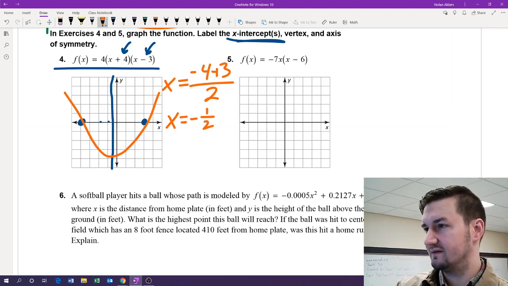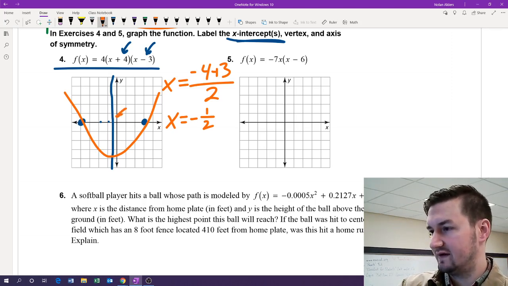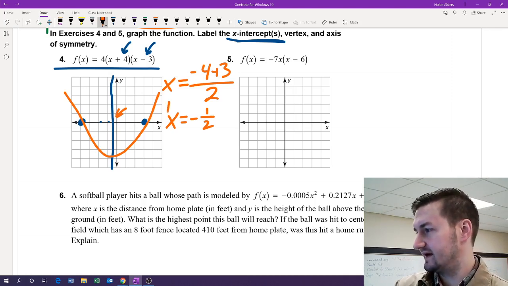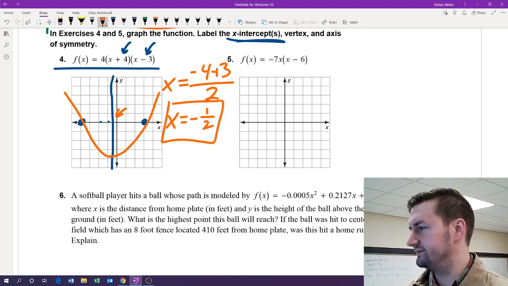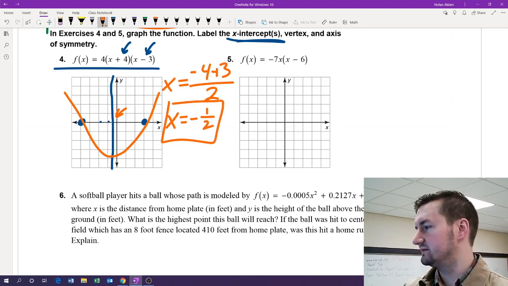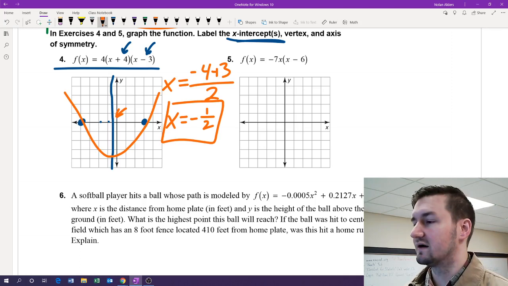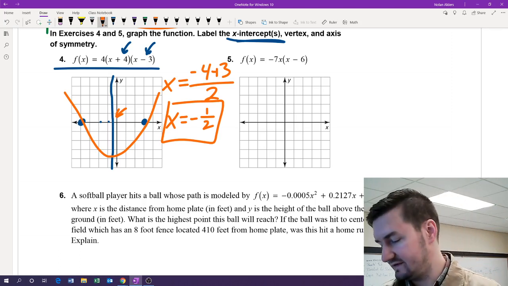And we can see that, like our little blue line right here, the axis of symmetry is right there. So that's our axis of symmetry, and the x-intercepts are pretty easy to find if it's factored.